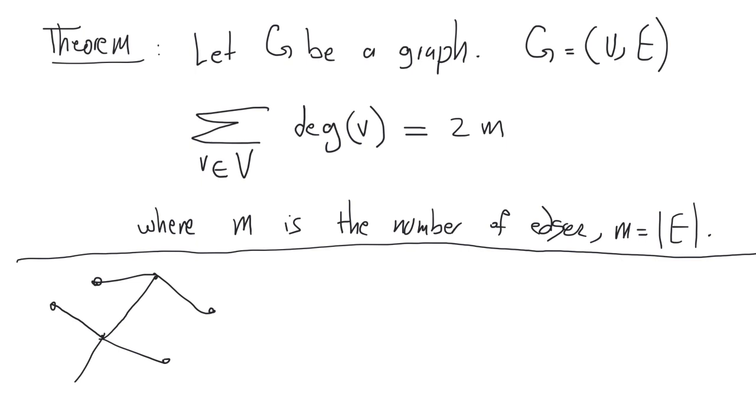So if you look at this summation here, you sum over all the degrees, and each single edge is counted twice, once for one of the vertices.